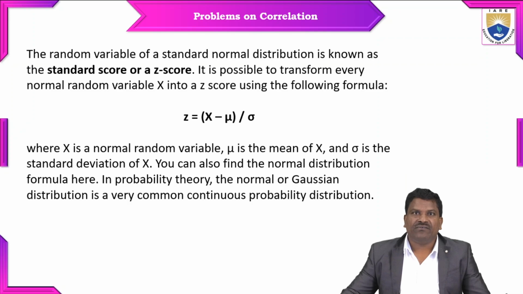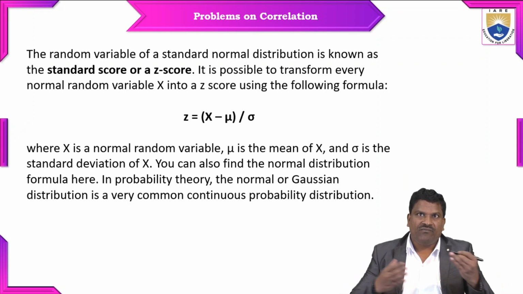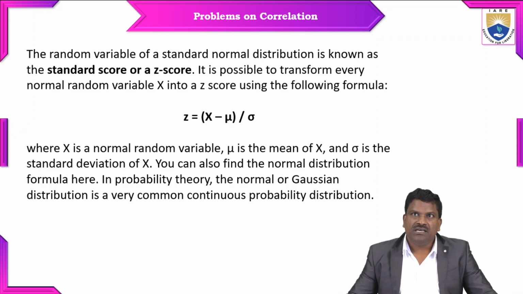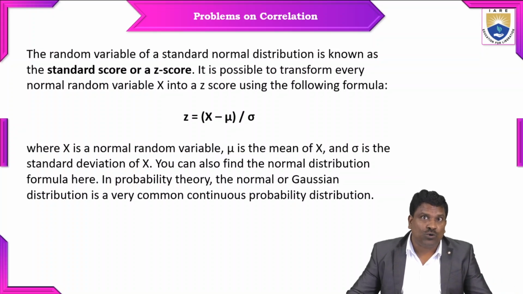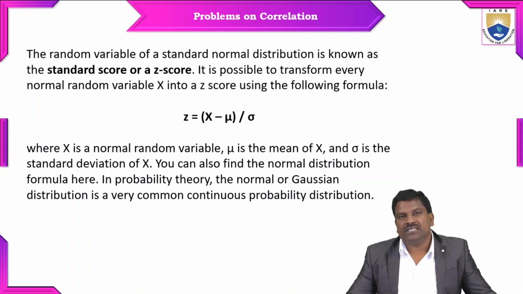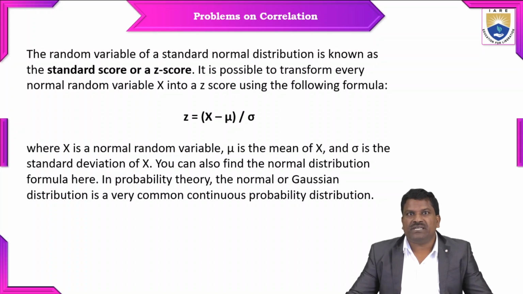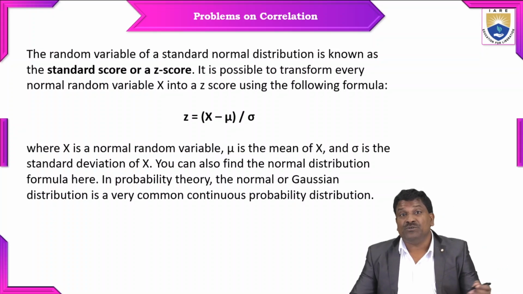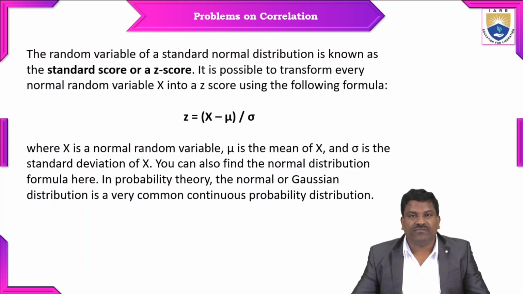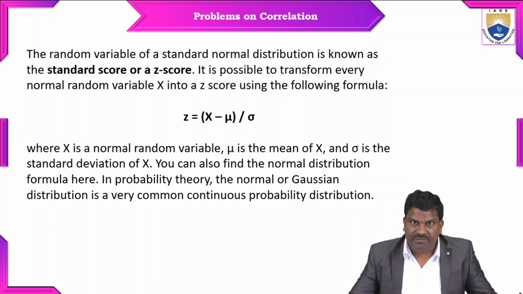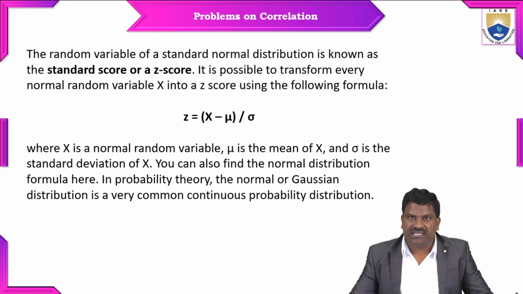The random variable of a standard normal distribution is known as the standard score or Z score. We have already discussed the Z score previously. The Z score can be defined using the formula Z equals x minus mu by sigma, where x is the random variable, mu is the mean, and sigma is the standard deviation.